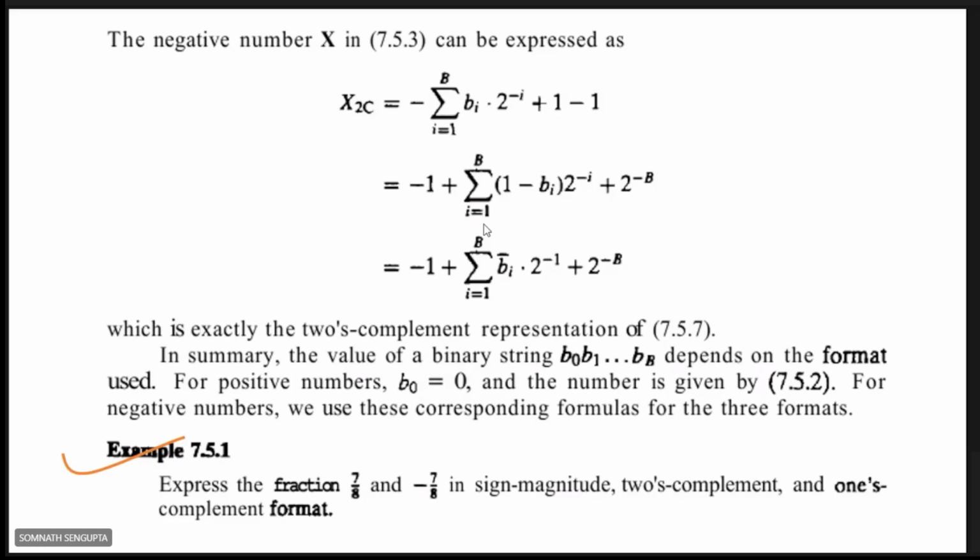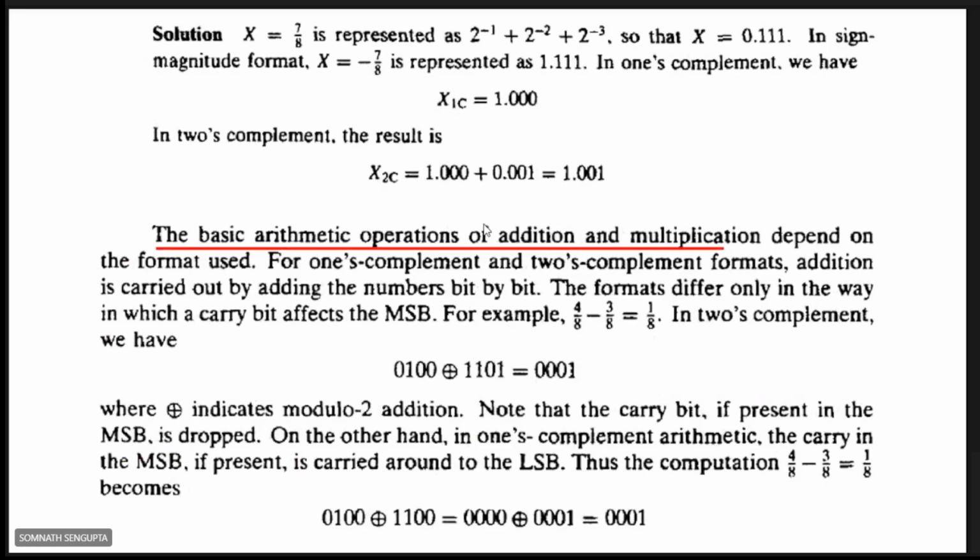So how will we represent it? 7 by 8 is actually a positive number, a decimal number. We can write 7 by 8 as 1 by 2 plus 1 by 4 plus 1 by 8, like 2 to the power minus 1 plus 2 to the power minus 2 plus 2 to the power minus 3.